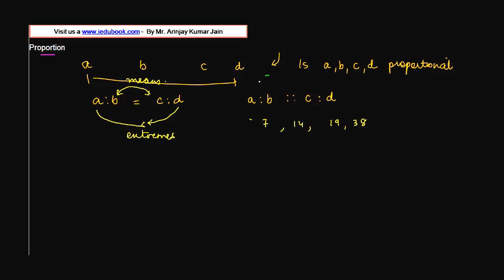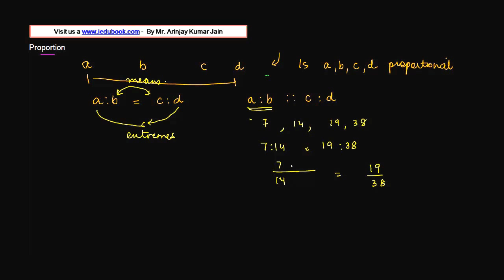Now, when do we say that these four are proportional? We say these four are proportional if the ratio of A is to B, so 7 is to 14, is equal to 19 is to 38. Or we write this as 7 upon 14 is equal to 19 upon 38.